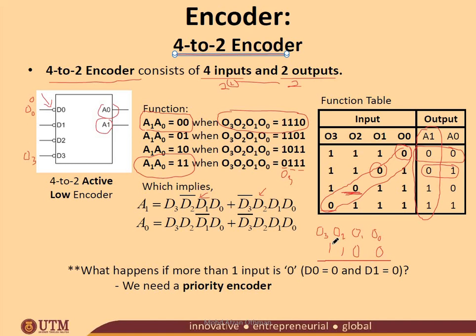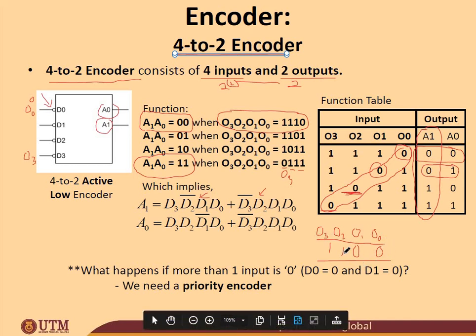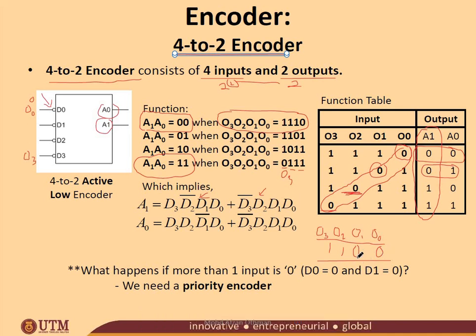Okay, here. So what happens if we have 1, 1, 0, 0, which actually the same as D0, 1 and D1, 0. Okay, because as we see from the previous slide, only one active input is allowed at any time. So what happens if we have more than one input active at a time?